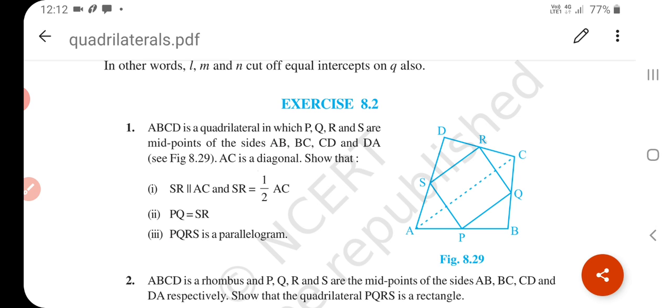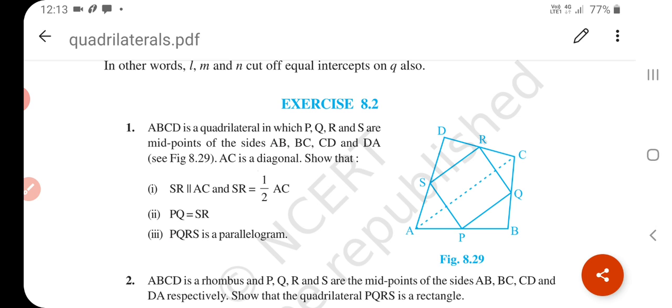Okay, similarly, if we talk about triangle ABC, P is the midpoint of AB and Q is the midpoint of BC, and similarly we prove PQ is parallel to AC and PQ is equal to 1 by 2 AC. Okay, understand?